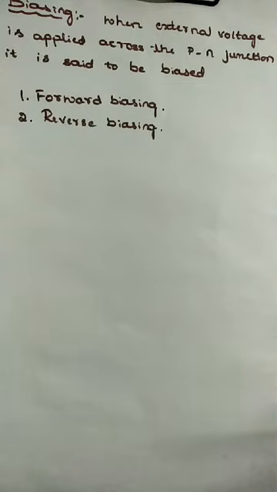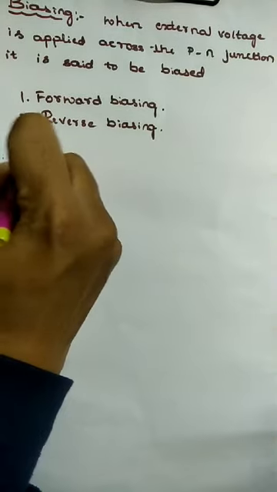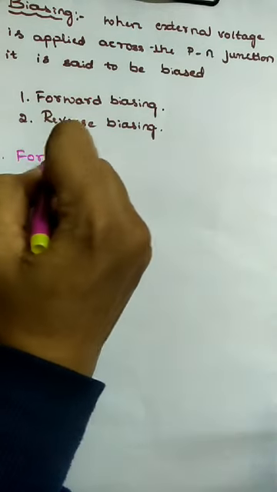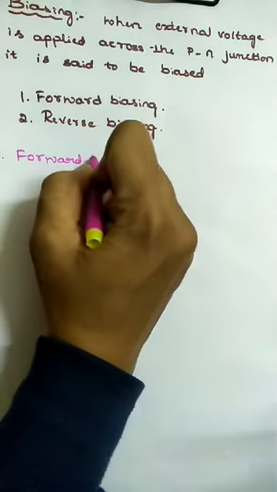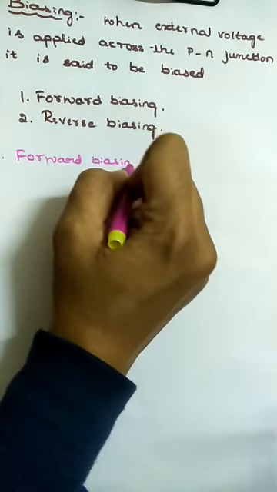So let us see the first definition, forward biasing.